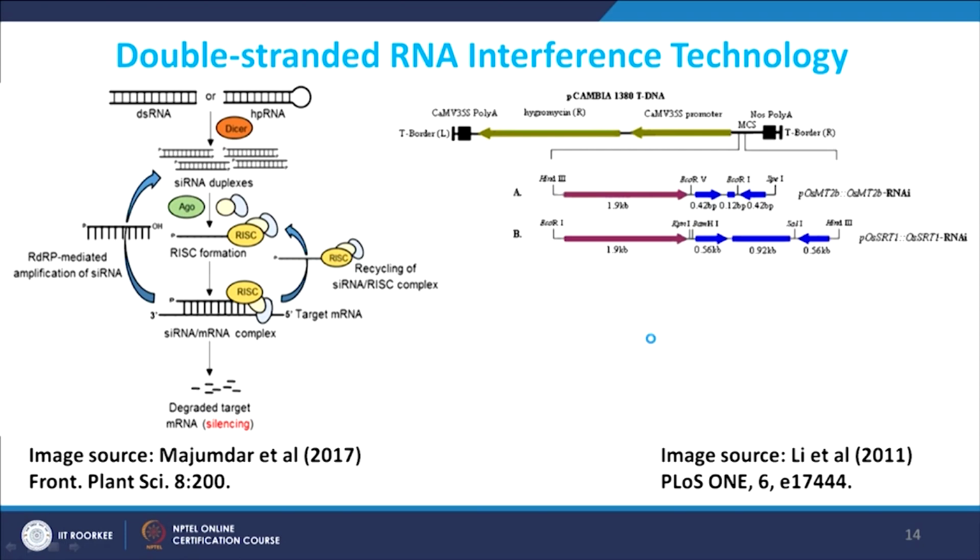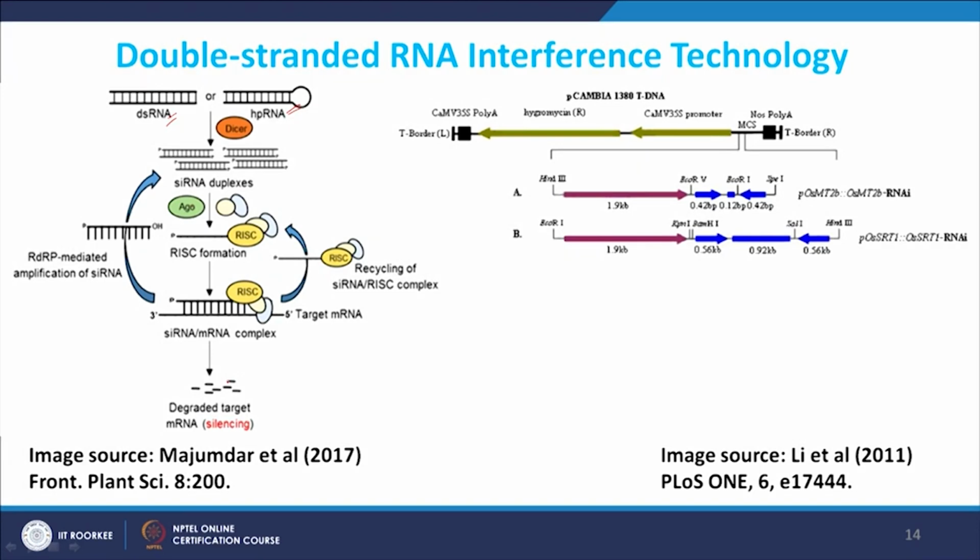If you look at the general mechanism, there are two ways: either you have a double stranded RNA or a hairpin RNA. This will undergo processing through Dicer or Argonaute mediated processing, then uploading. I will not go into the detail, I am sure you would have already studied it.